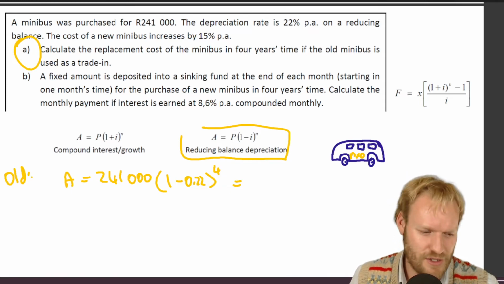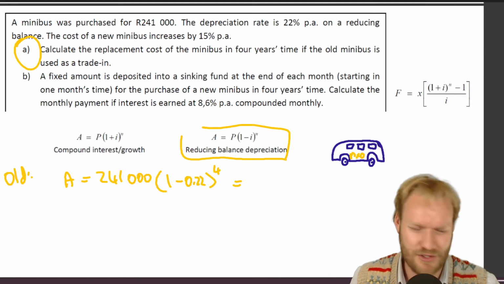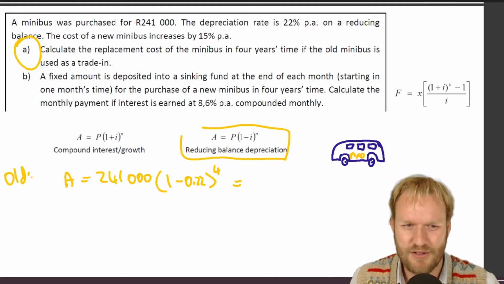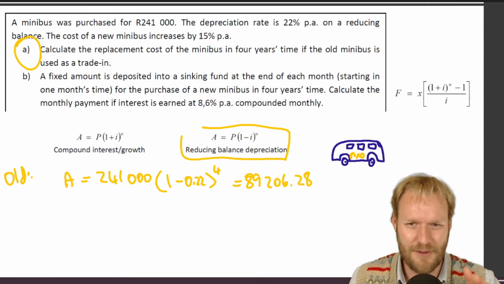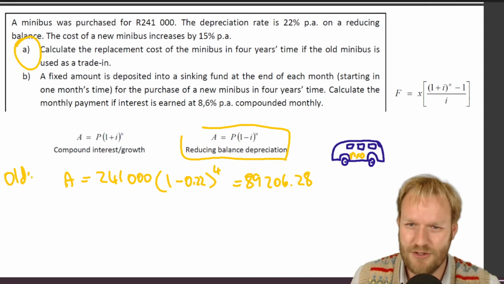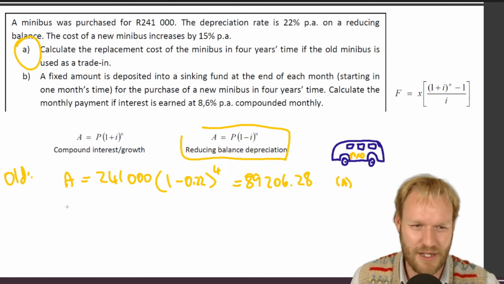Do you also get 89,000 rand? Kind of a little bit scary, isn't it? It's true for cars, unfortunately, that a lot of these types of things lose their value quite quickly. Okay, I'm a variable person, so I'm going to shift-store that in A in case I need it later. I'm giving myself a little heads up that that's in my variable A.